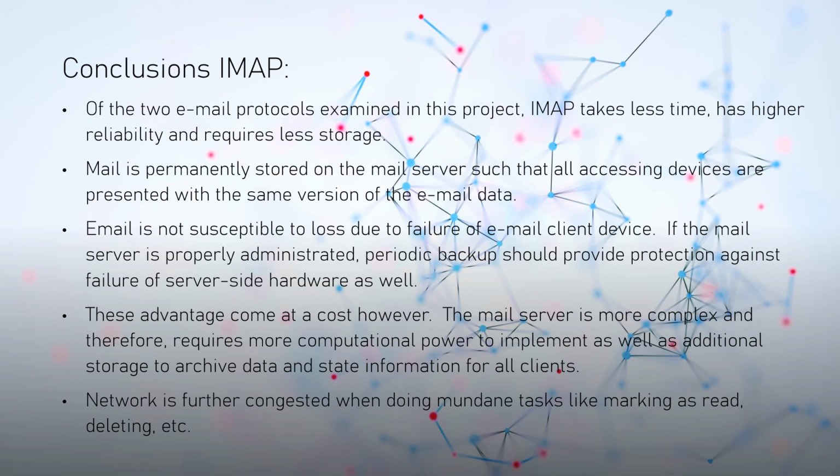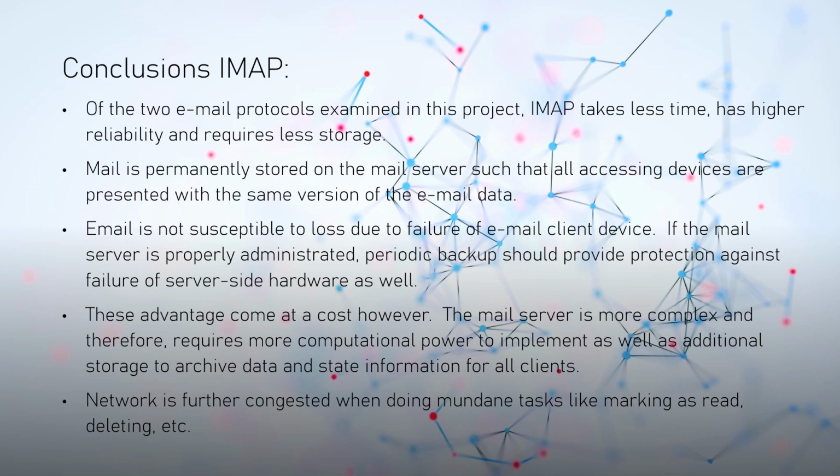So in conclusion, first we're going to start with IMAP. It takes less time, has higher reliability, and requires less storage. Generally, that's going to be the optimal choice for most people, especially those prone to data loss from client devices that get their memory wiped, because the data is stored remotely.